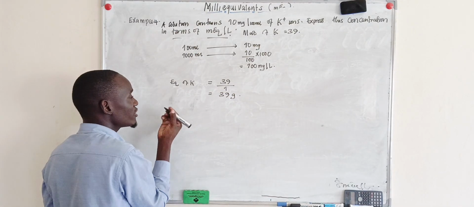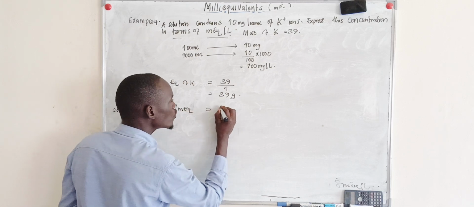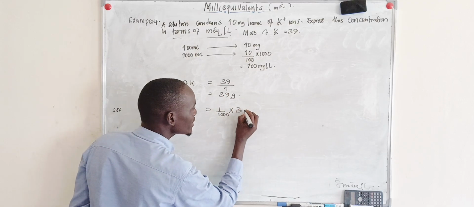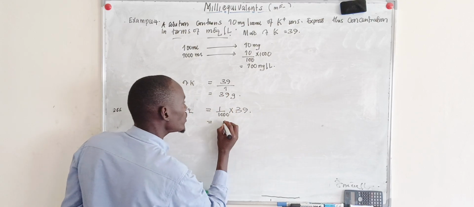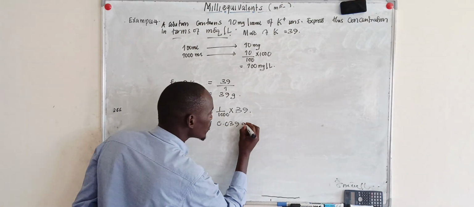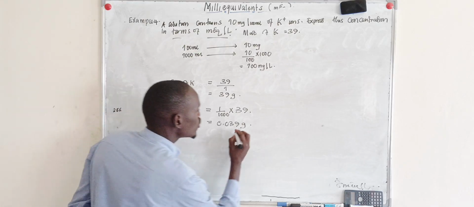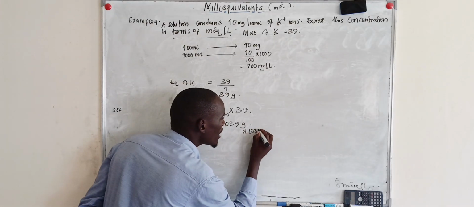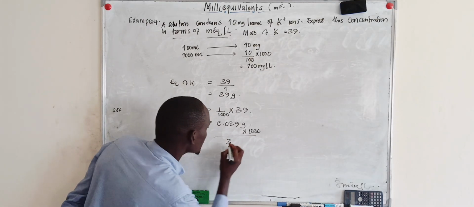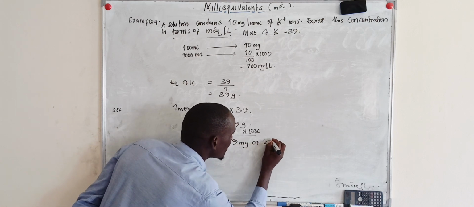as its equivalent weight. So we know that 1 milliequivalent is equal to 1 out of 1000 times the equivalent weight, which in this case is 39. When we compute this, we shall get 0.039 grams. But remember, we said milliequivalent should be in milligrams, so we shall multiply this by 1000 such that we can get 39 milligrams of potassium ions.